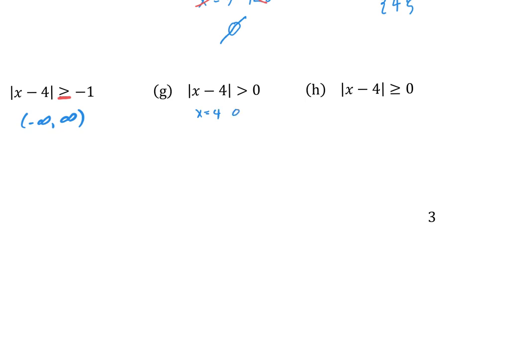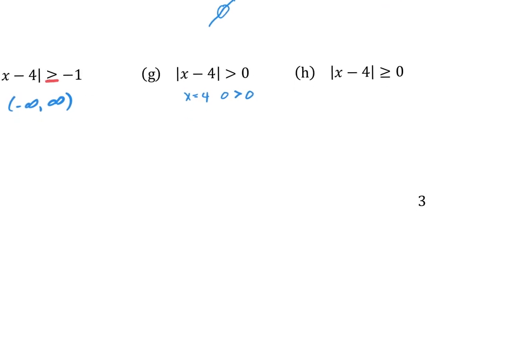That would be 0 greater than 0, which is false. Any other x that I put in there is going to be positive, so it will be greater than 0. So if I put in 4, the inequality is false, but if I put in any other numbers, the inequality is true. So in this case, we cannot use 4.